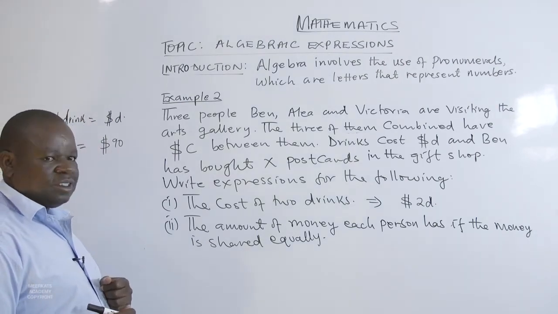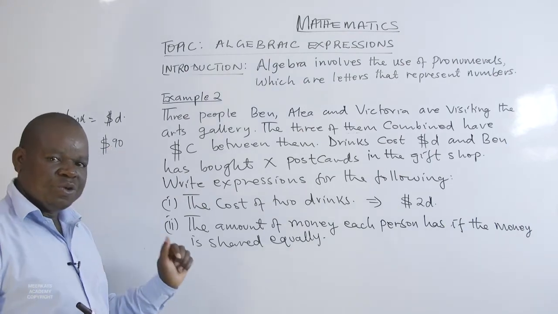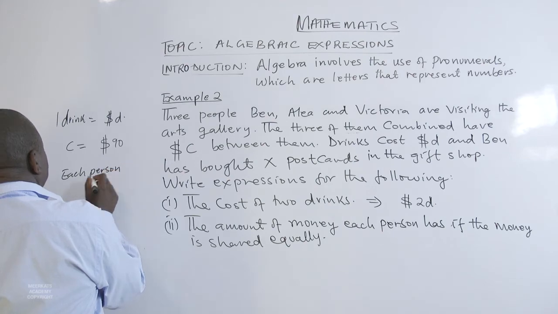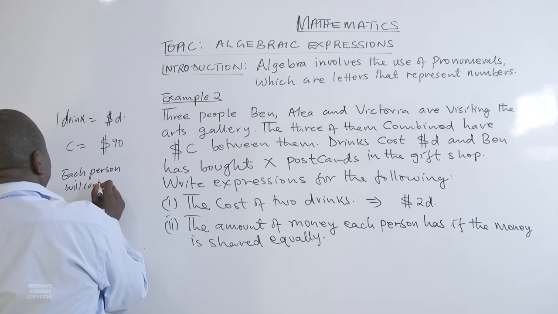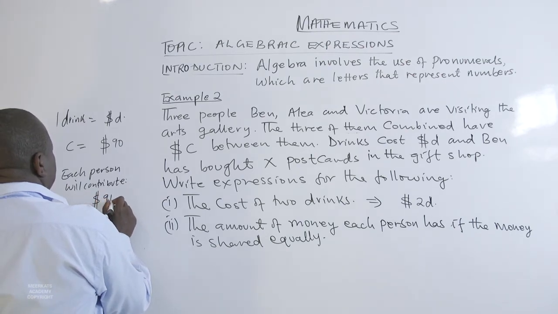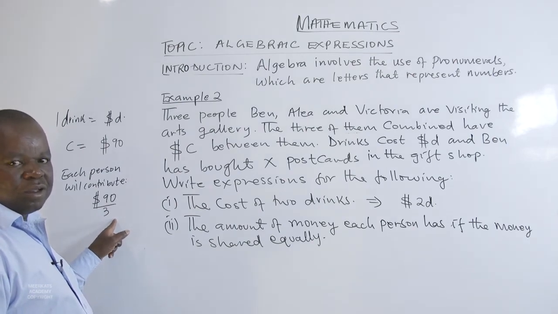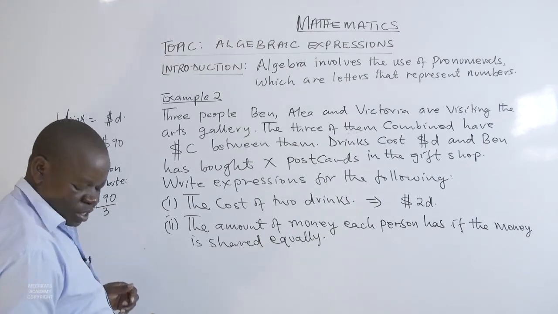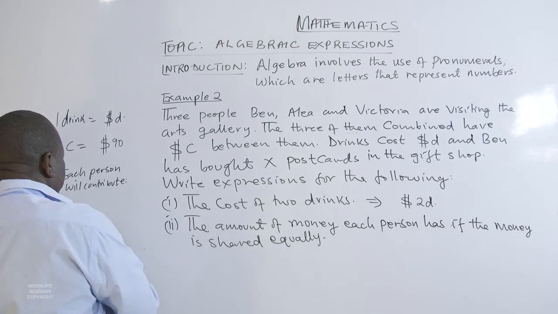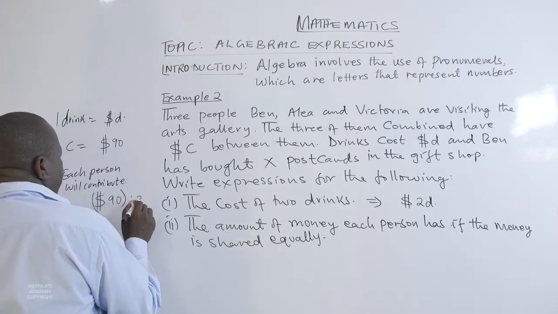That C is $90. They require $90. So if they require $90, it means therefore that each person, because they are 3, will be required to contribute $90 divided by 3.